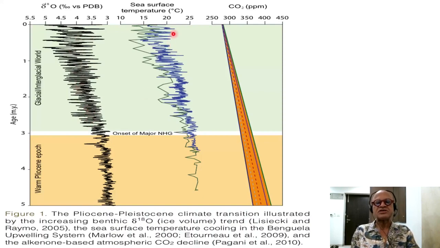There is corresponding sea surface temperature evidence, and you can see there is a general drift from warmer temperatures here towards colder temperatures. You don't have to necessarily worry where these particular cores come from, but in general this corresponded to global changes.